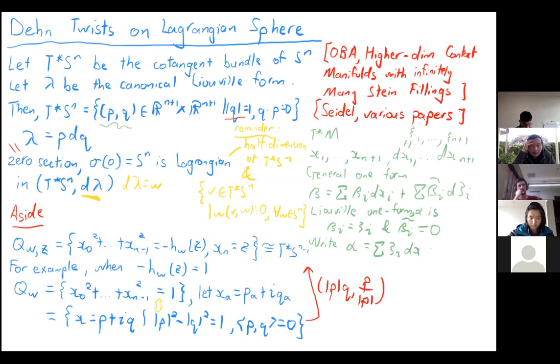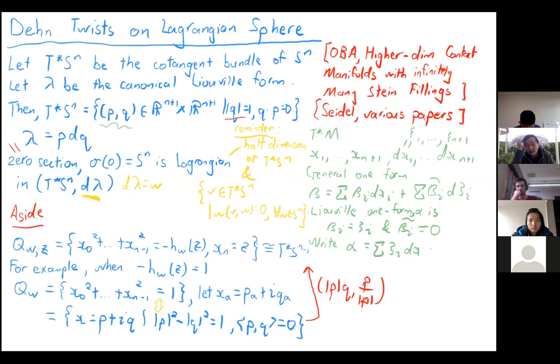Which coordinate is the base? You think p is the base?